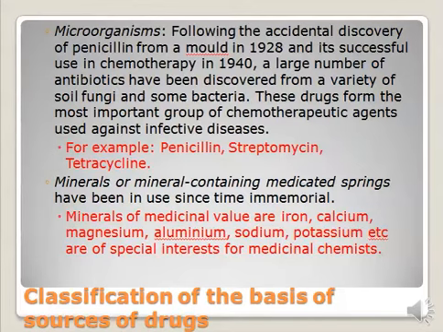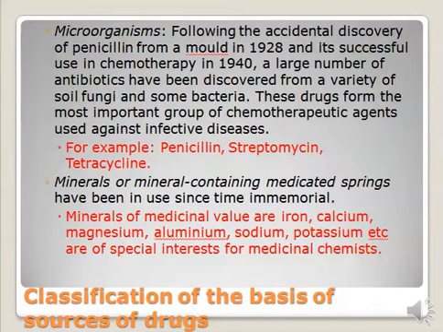Then the last category of the naturally occurring drugs are the minerals, or mineral containing medicated springs. There are certain springs that have been known to have some biological effect, and it has been linked that certain springs can cure medical conditions. So the use of minerals or mineral containing medicated springs has been in use since time immemorial.